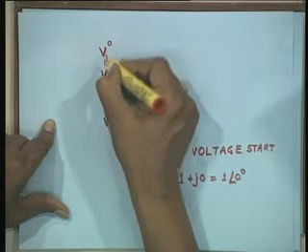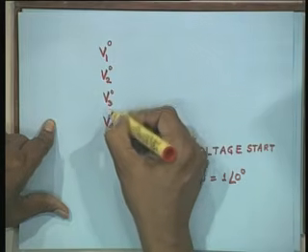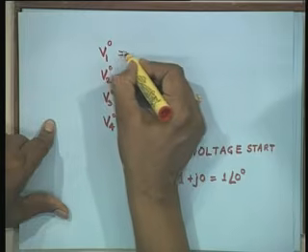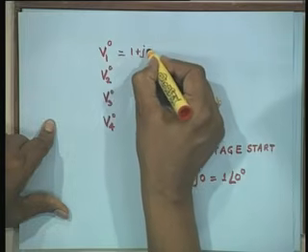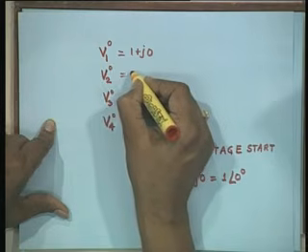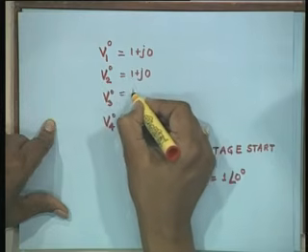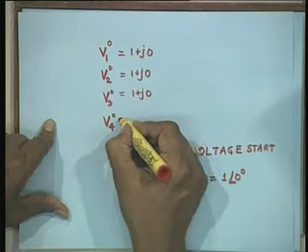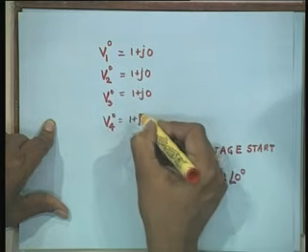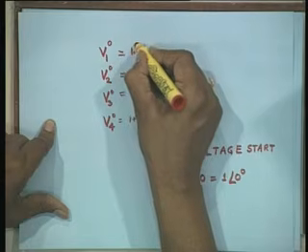So, the initial values of all voltages become 1 plus j0 barring the slack, because its voltage is given to you. In fact, I should not assume voltage here, it is given as 1.04.